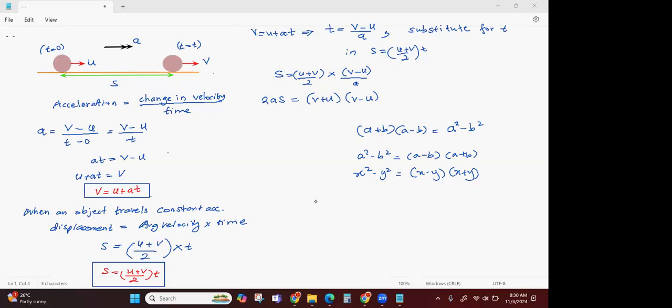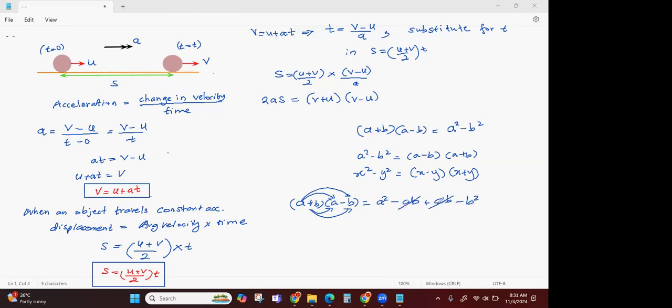Now suppose you have a plus b times a minus b. First you multiply a with a, so you get a squared, then a times minus b gives minus ab, then b times a gives plus ab, and then b times minus b gives minus b squared.